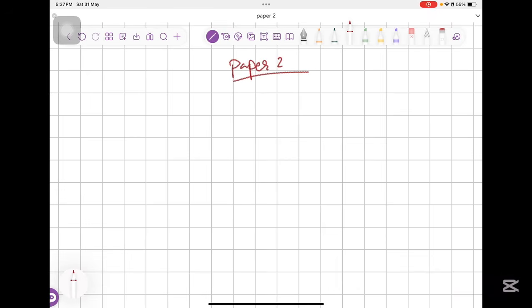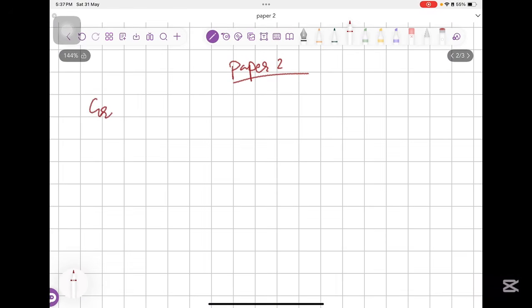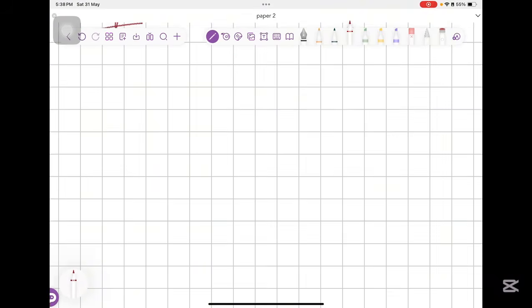Let's start by revising the graphs, starting with the line graph. So what do we do? Of course, you should label the axis.